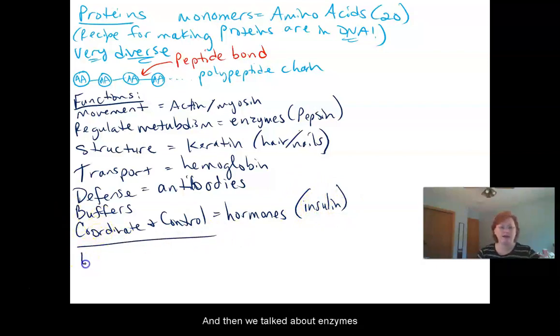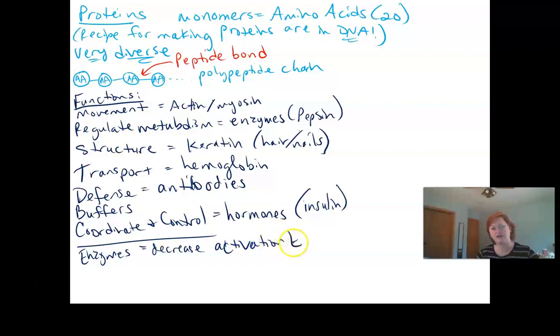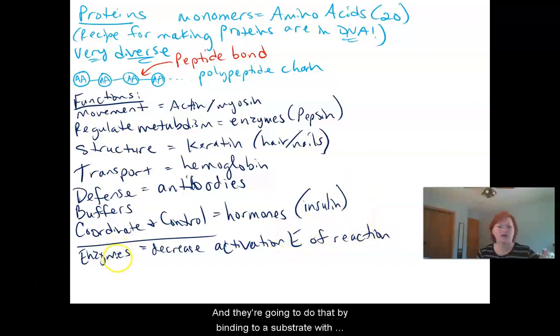And then we talked about enzymes, and they're going to decrease the activation energy of a reaction. And they're going to do that by binding to a substrate with an active site. You can get into that more with your notes.